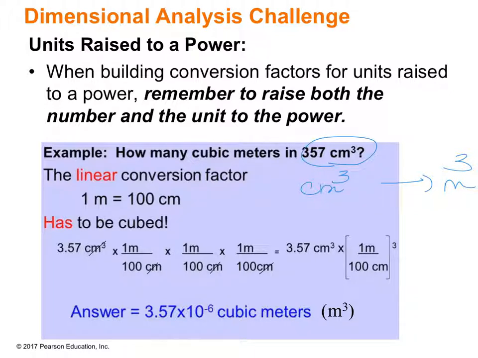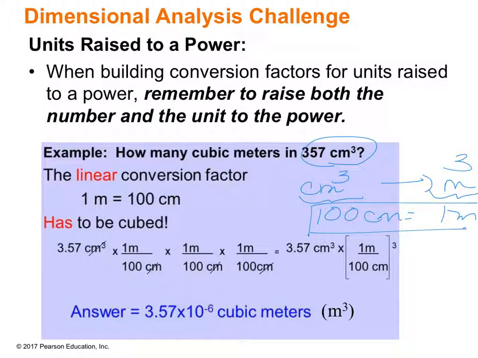Well, hopefully we know the metric prefixes, that 100 centimeters equals 1 meter, but we really don't know the conversion between cubic centimeters and cubic meters. How do we handle that?